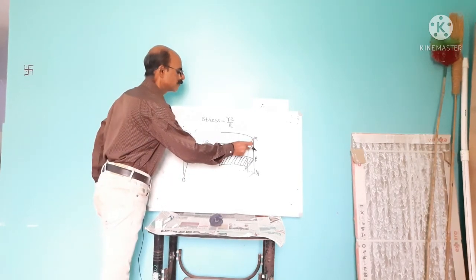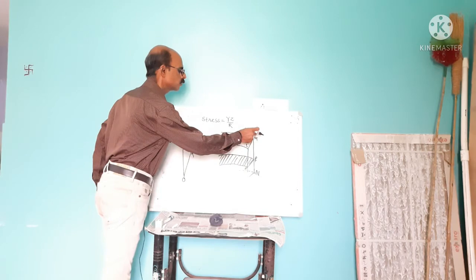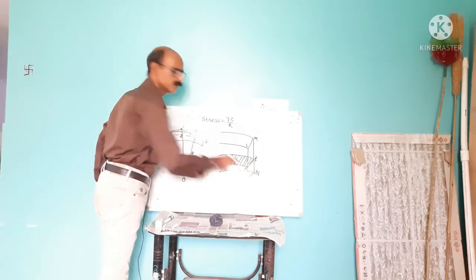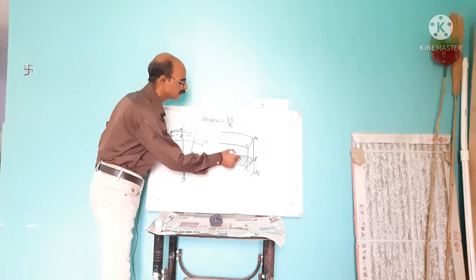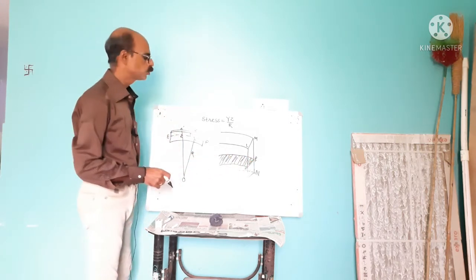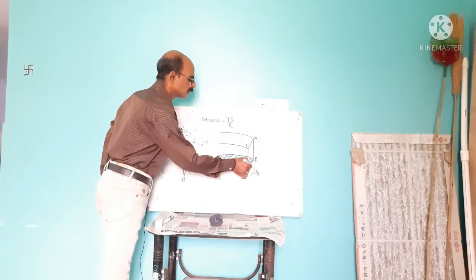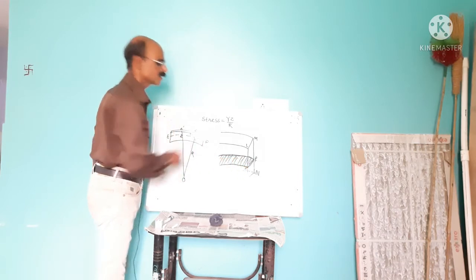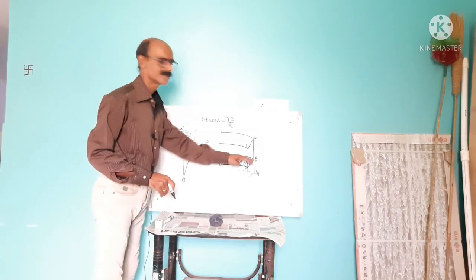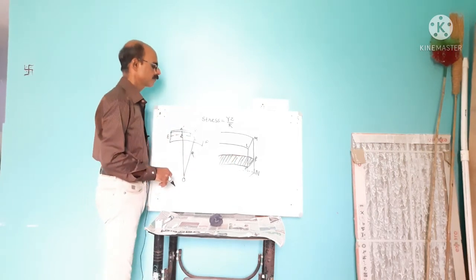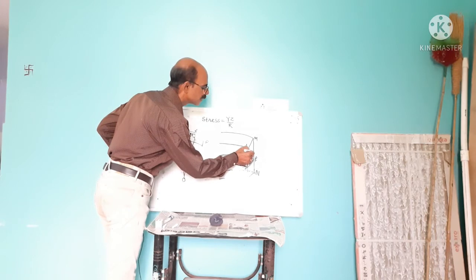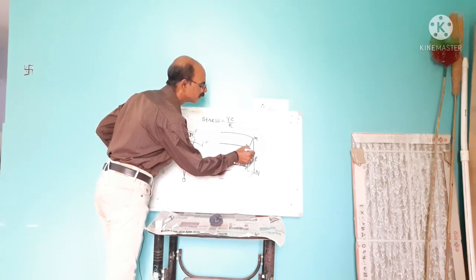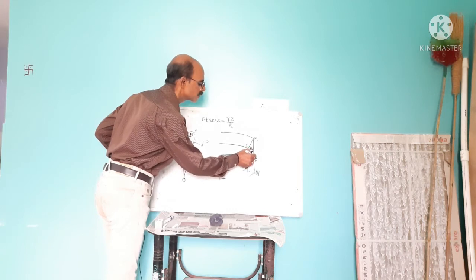Here we have taken the rectangular section L, M and T. This shaded part, this EF portion, represents the neutral surface, and the neutral axis lies in this neutral surface. Suppose there is a small area delta A at a distance z from this neutral surface.